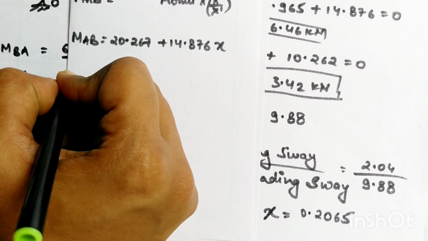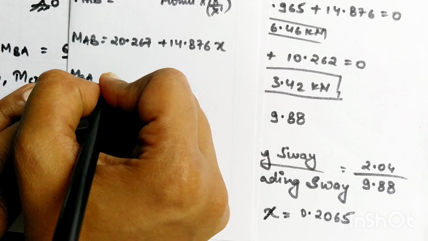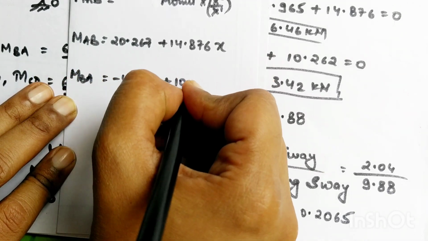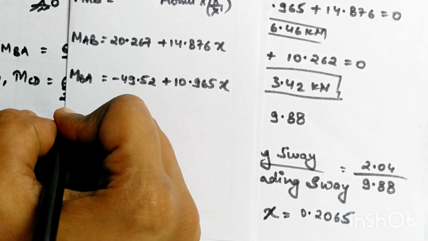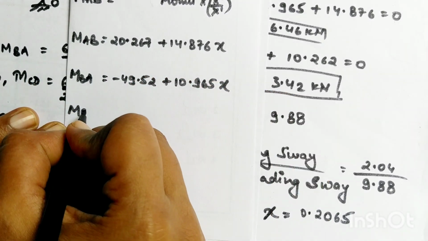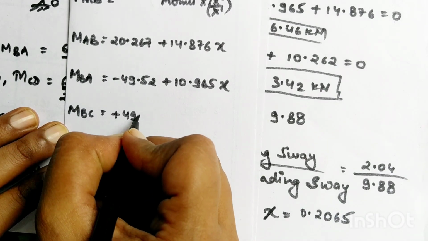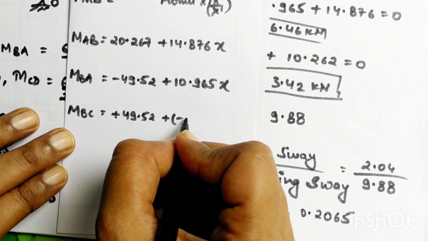Again, we'll be doing the same thing. Next, MBA. So the loading moment that we got plus the non-loading moment that we got, multiplied by the factor x. So x is your 0.2065. We have to just put it in our calculators and we'll get the final values.